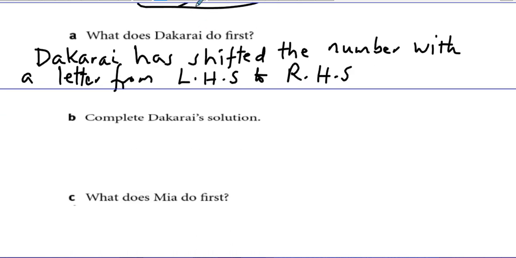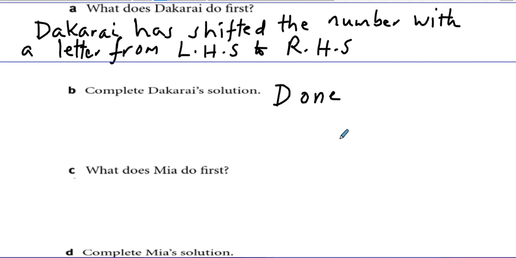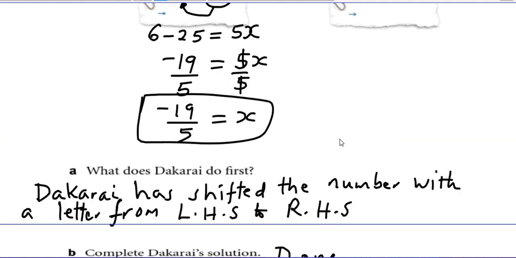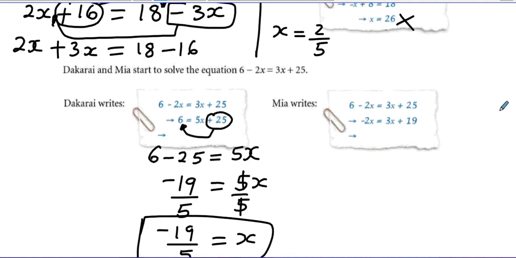Alright, let us go to the next question. Complete the Dakarai solution. So this is done. We have completed. What does Mia do first? Okay, let us go back to Mia. Let us try to check properly.